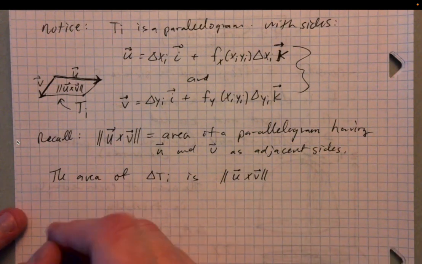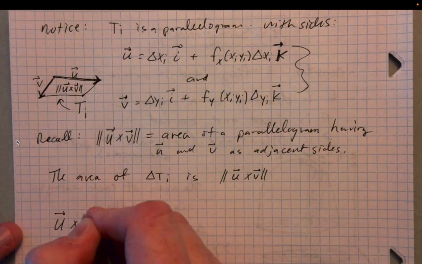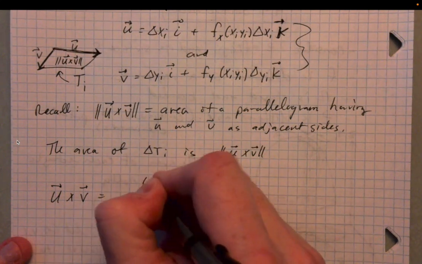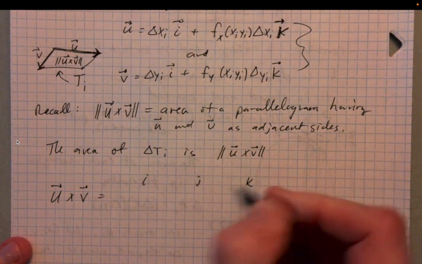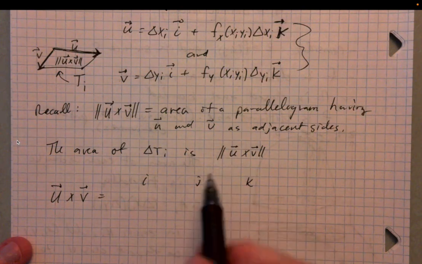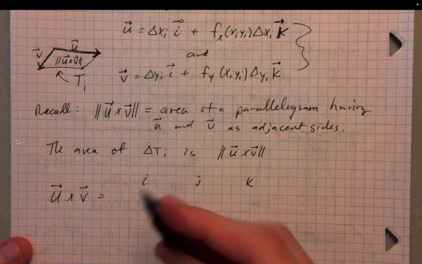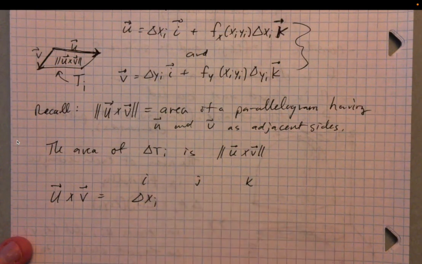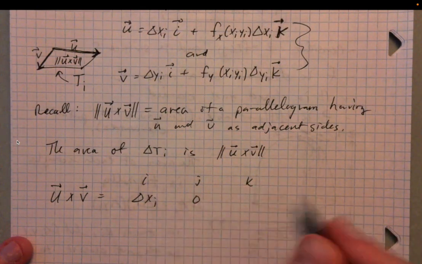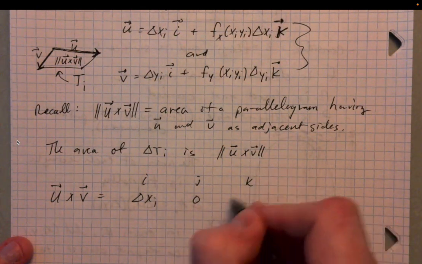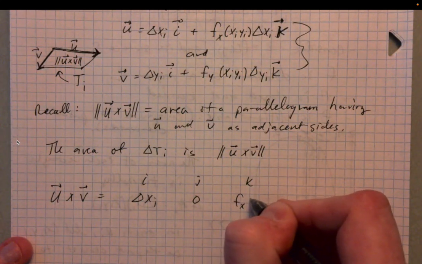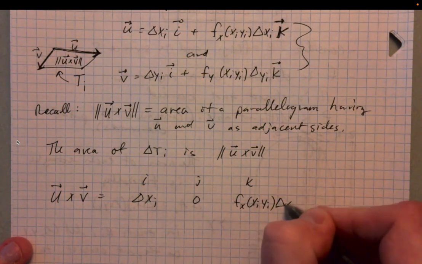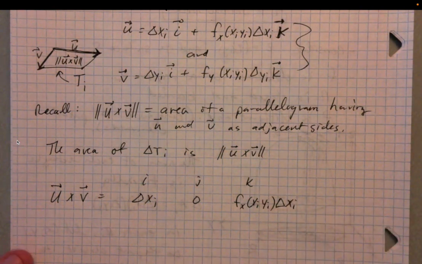We'll start by just doing U cross V. For that we're going to need i, j, k. The i component is delta xi, then you've got 0 for the j component, and then you've got the partial with respect to x for the k component.